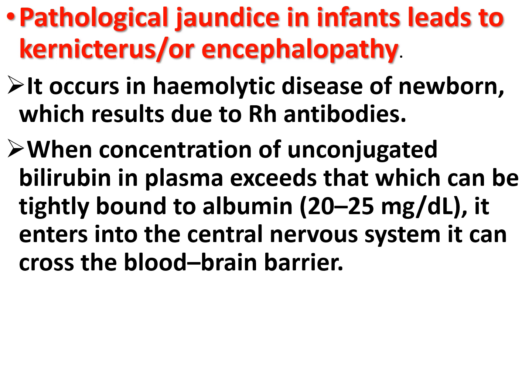When the concentration of unconjugated bilirubin in the plasma exceeds that which can be tightly bound to albumin, above 20 to 25 milligram per deciliter, it enters the central nervous system. It can cross the blood-brain barrier because in infants the blood-brain barrier is not fully developed as it is in adults, and it enters the brain mainly in the basal ganglia, where it is deposited. That condition is known as kernicterus and it leads to encephalopathy.